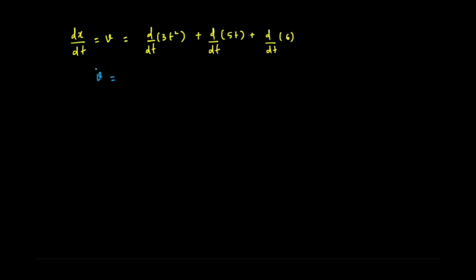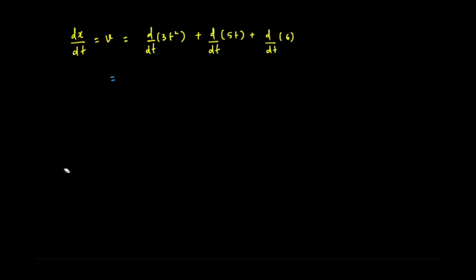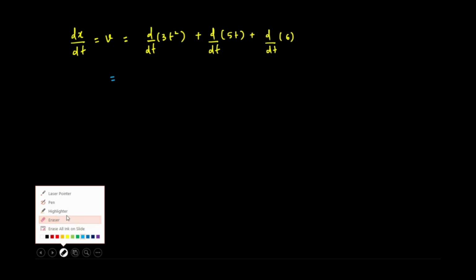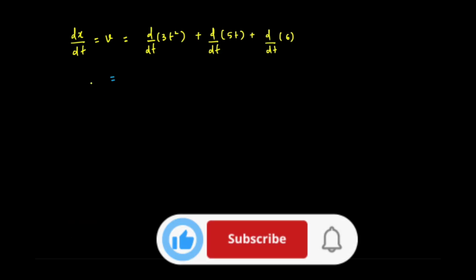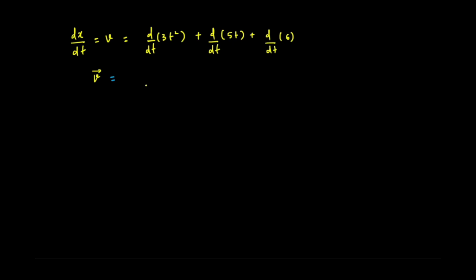So I can write V is going to be, now in this term 3t square, just tell me what this 3 is. Logically, what do you call it? Constant. Yeah, constant. So whatever constants are there in a given term, they won't participate in differentiation. They simply come out of it.